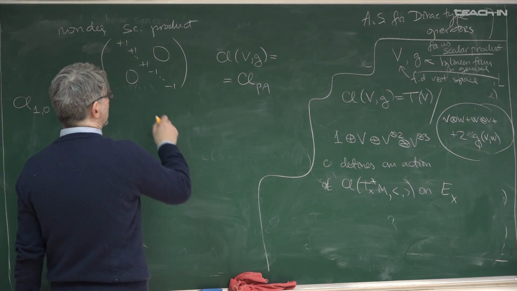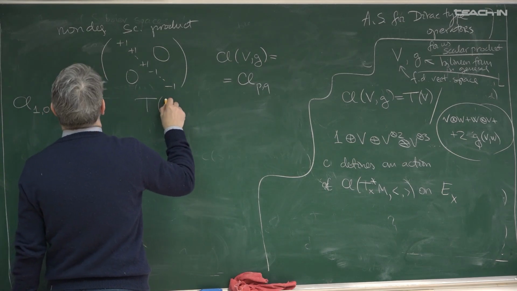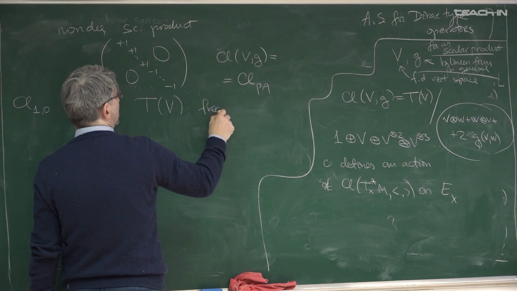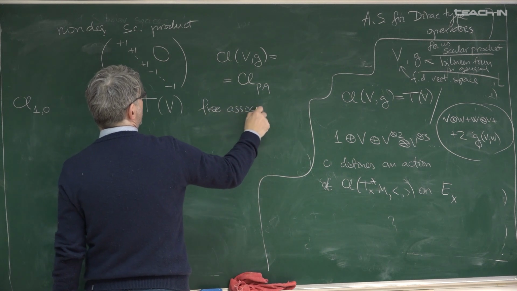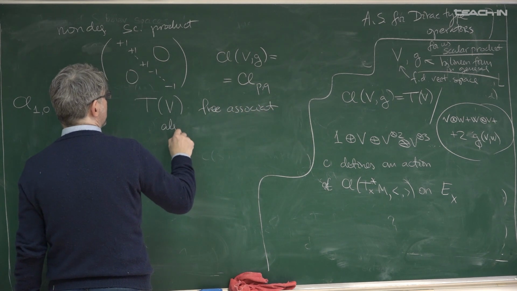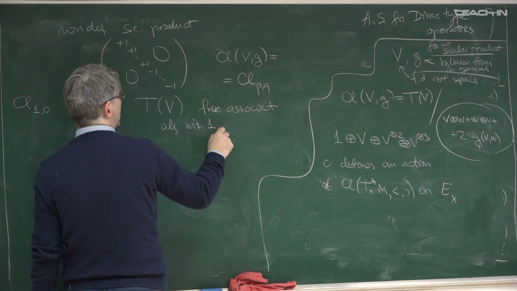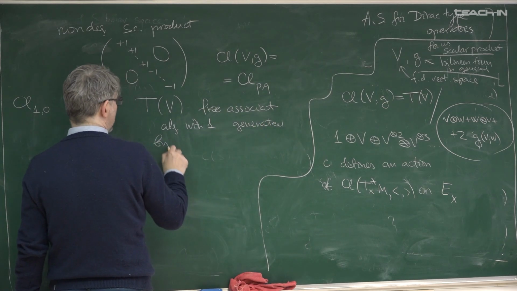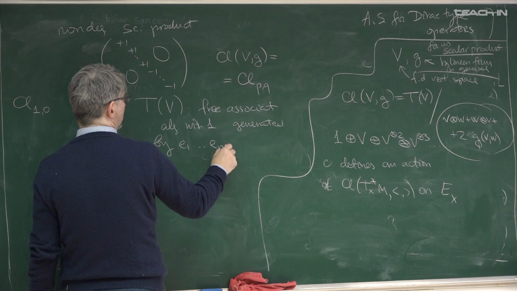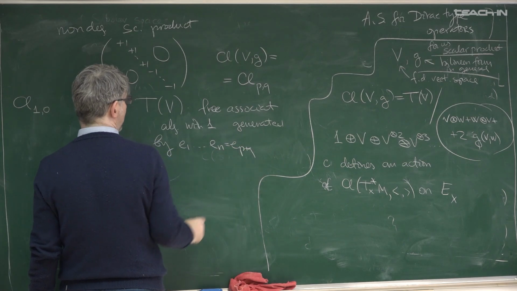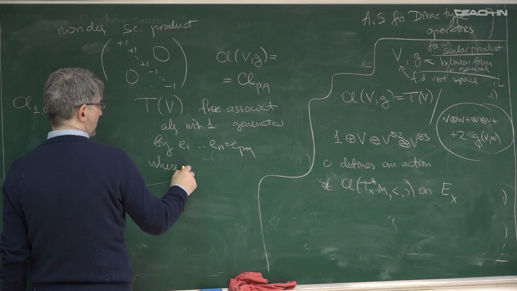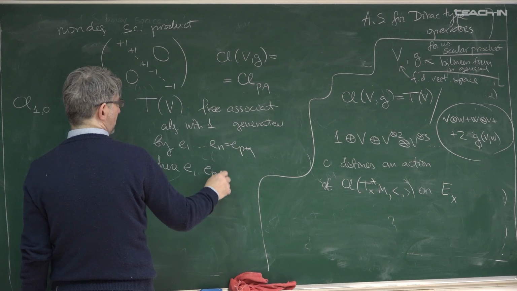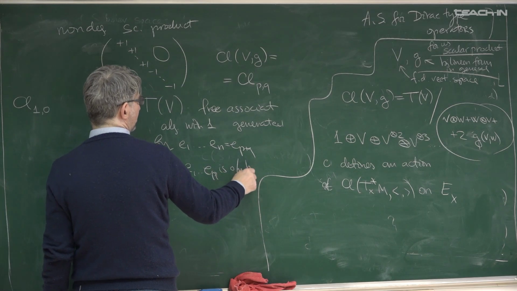So the tensor algebra, in this case, will be the free associative algebra with unit generated by e1 through en, which is e_{p+q}, where e is an orthonormal basis.